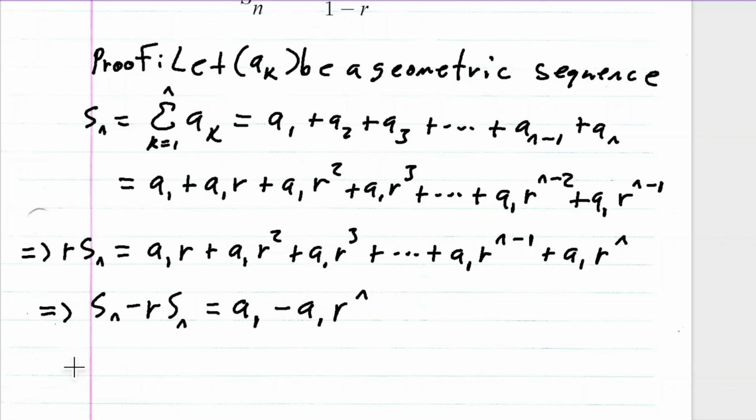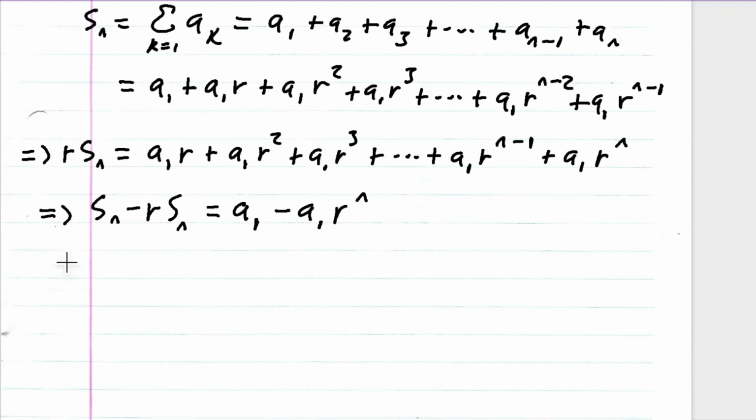Okay, so now let's do some factoring. If I factor out the S of n on the left-hand side, that'll give me 1 minus r. And if I factor out the a sub 1 on the right-hand side, I'll have a sub 1 times 1 minus r to the n.